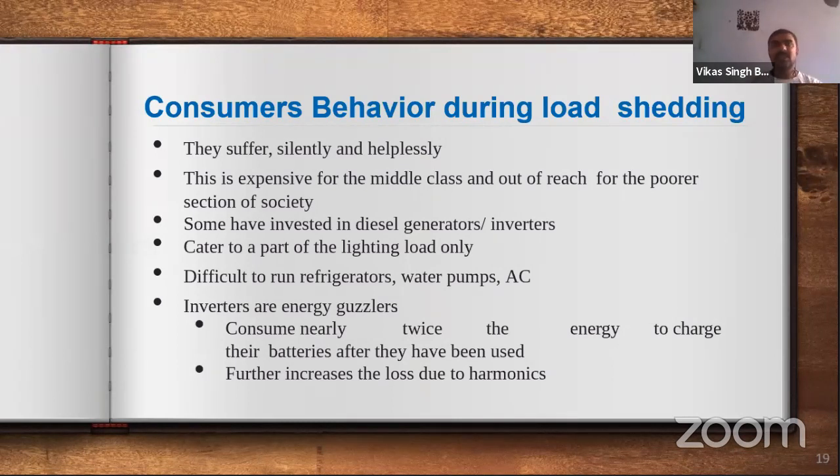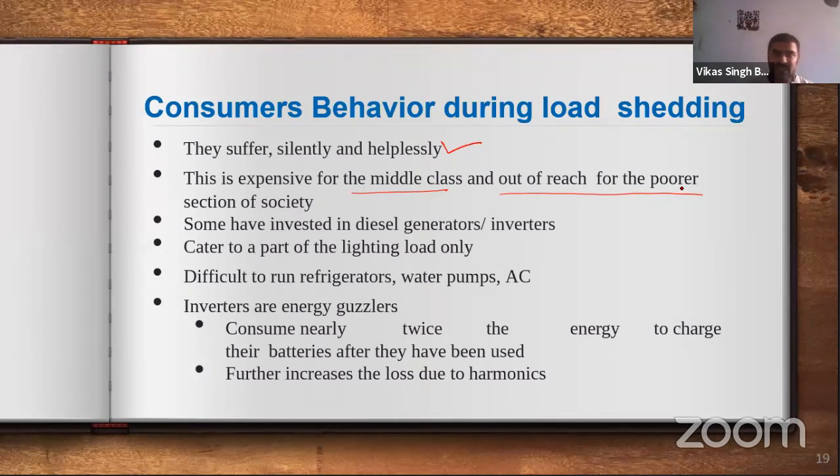So the consumer's behavior during load shedding is, if it is for the complete society, they will sit and wait for the power to come. They will suffer silently and helplessly. They will say nothing. They will wait for the power, and whenever it comes, they will start using it again. Or sometimes if the power cut is longer, they will say that this is expensive for the middle class and out of reach for the poorer section.